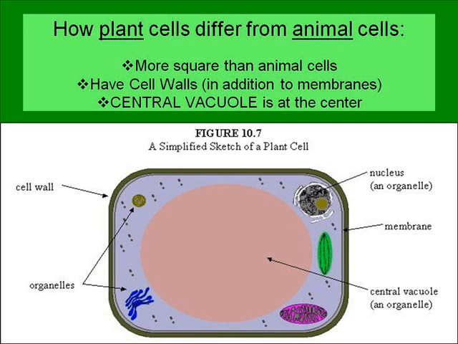That's in addition to the cell membrane that you see in both plant cells and animal cells. Then, plant cells have another organelle called the central vacuole. That is what holds the water, and if there's not enough water, that central vacuole gets smaller, and if it's filled with water, it gets bigger. And we see the effects of that in the next experiment.